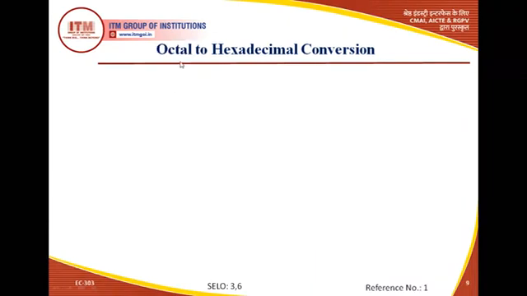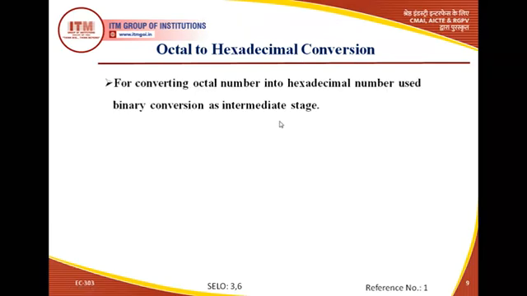Now we discuss octal to hexadecimal conversion. We cannot directly convert an octal number into a hexadecimal number. We use an intermediate state. It may be octal to decimal and decimal to hexadecimal, or octal to binary and binary to hexadecimal. For simplification, we use binary as the intermediate state.